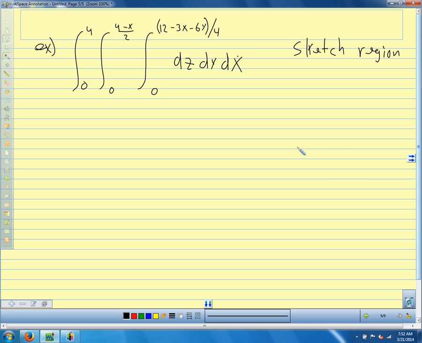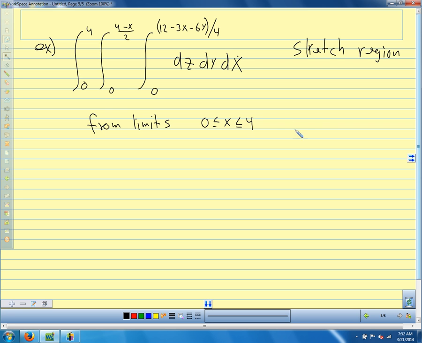All right, so the limits of integration tell us x is between what and what here? X is between 0 and 4. That's the outer integral. 0 is less than or equal to x, less than or equal to 4. And y is between what and what? 0 and (4 minus x) over 2.